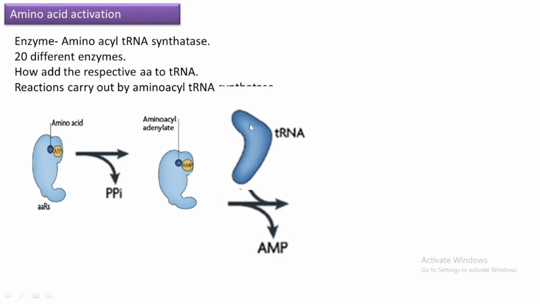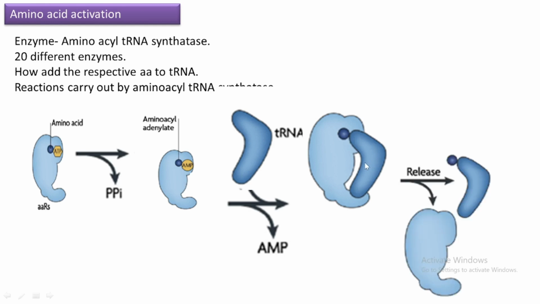How this enzyme recognizes its correct tRNA, I already explained, by recognizing a particular base pair in its acceptor arm. Then this tRNA binds with this enzyme. After that binding, the one AMP that is still present inside the enzyme is released. The tRNA binds with the enzyme, and that activated amino acid attaches to the 3' acceptor arm of this tRNA. Then what next?